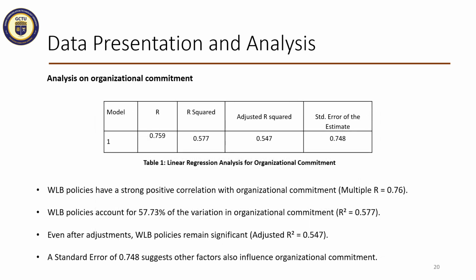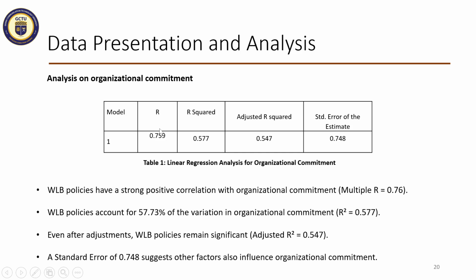So having gone through that, we also needed to do this to achieve our second objective, which was to use linear regression to analyze the data that we had. So this table is giving us a summary of the regression analysis. But then there are some key points that we can find over here, and that's work-life balance policy has a strong positive correlation with organizational commitment, and that's being given by our R value.